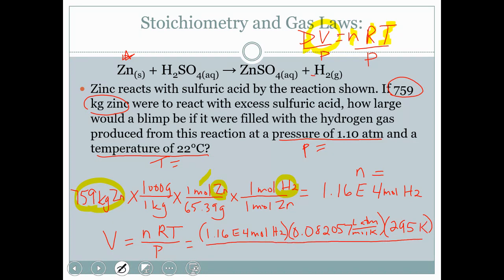And we divide all of that by the pressure, which is already in atmospheres. If it was not, we would need to convert that into atmospheres. You can use your unrounded number from the first part, especially if you're doing WebAssign. I think it's preferable. I'm just using the rounded number here because I'm starting over.